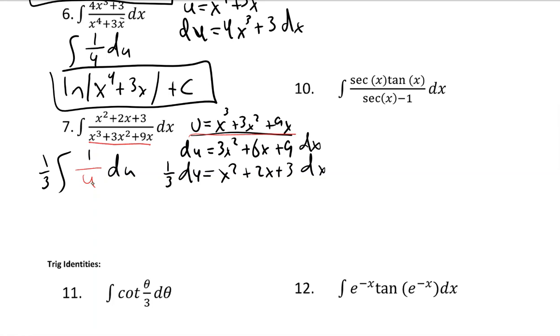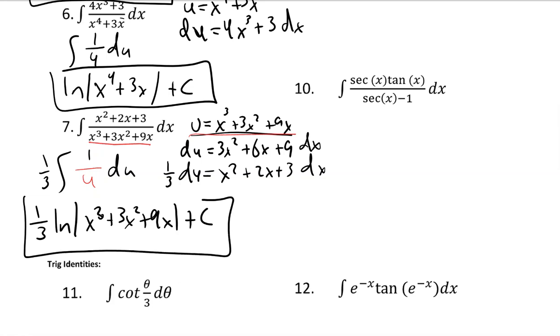Okay, so again, we're left with how to integrate 1 over something, and that's where we need the natural log of the absolute value. So we've talked about that before, we've used it a little bit, but each one of these questions you can see has that involved.